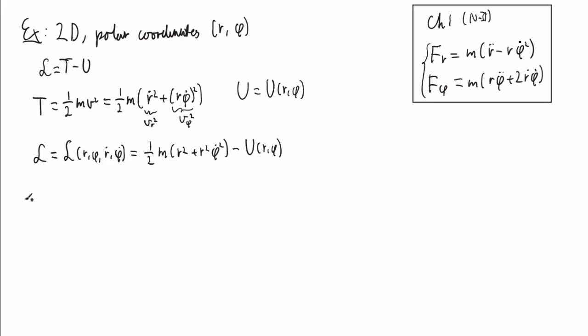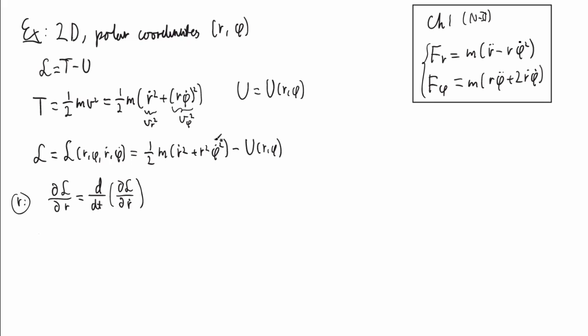Now we need to apply Lagrange's equation in the two directions. So we start out with the r direction. We have that dL over dr has to be d/dt acting on dL over dr dot, right? So we have the form here. We can see that this term depends on r dot, this term depends on r. So actually this should be a dot there. r dot, it's important.